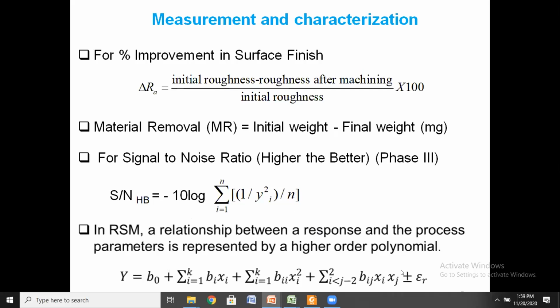This plus or minus error can be evaluated once you get the regression equations. If you enter the regression equation as f of x in the Excel sheet and substitute your xi, or A, B, C, D parameters, then you will get the predicted value. And if you have the experimental value, then you can calculate the error percentage with respect to predicted.